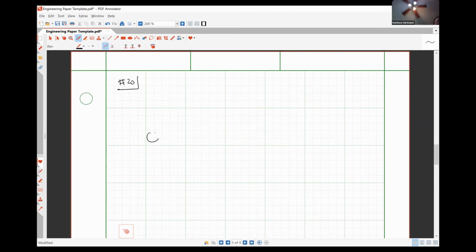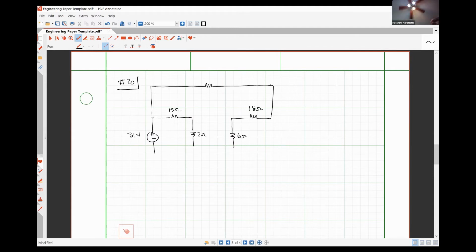So let's see, we're going to have our 31 volt source on. R is 13 ohms, so I'm just going to write 13 ohms here.